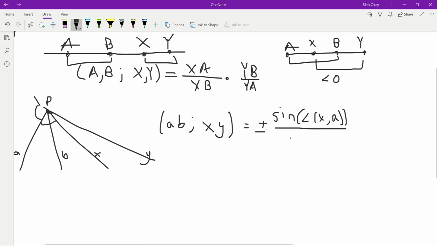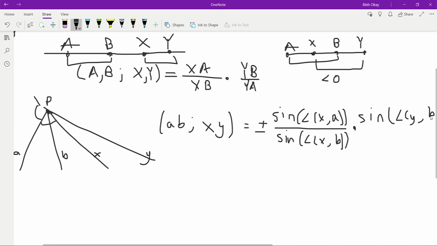So we define this with similar lettering. So instead of the distance XB, we just take the sine of the angle between the lines X and B. And similarly over here.